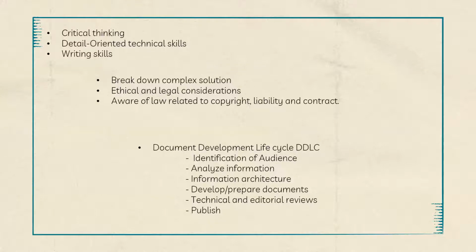Information architecture, prepare documents, and have versions before you release a major version. Technical and editor reviews. You always need to get this reviewed by other technical experts, because they'll always have something that might save you at the last moment, where they might add a few technical aspects saying, okay, you could explain this a little better.